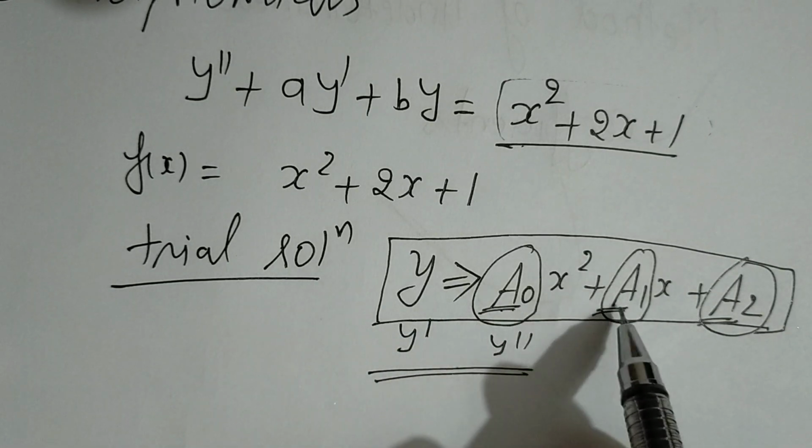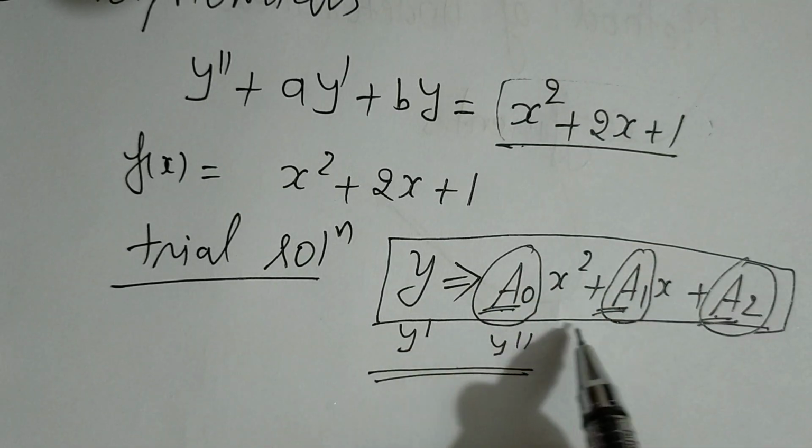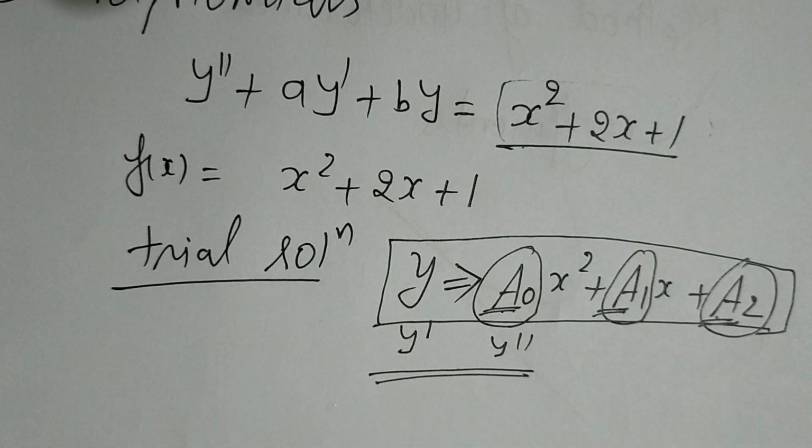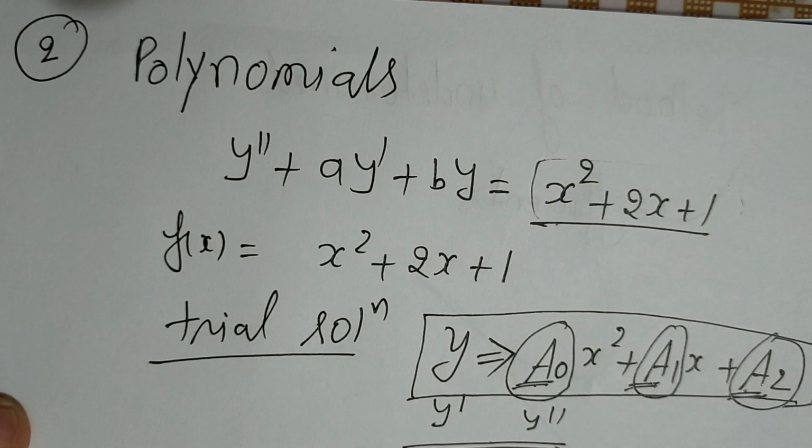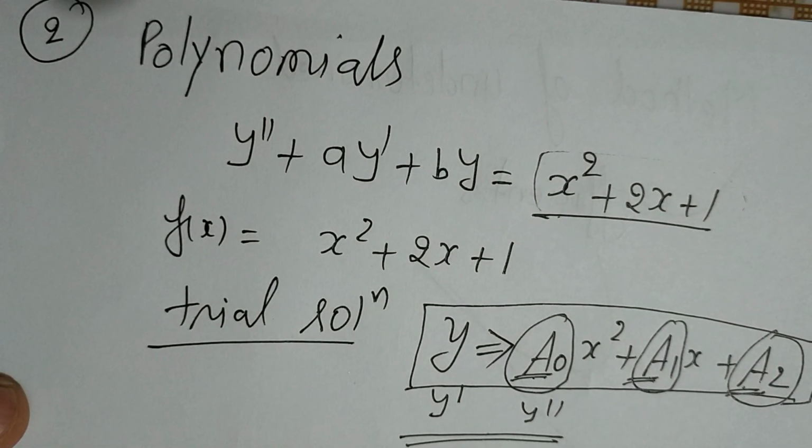Once you get these a0, a1, a2, this will be your particular integral. So this is the second type of f(x), the polynomial, and the first was exponential.